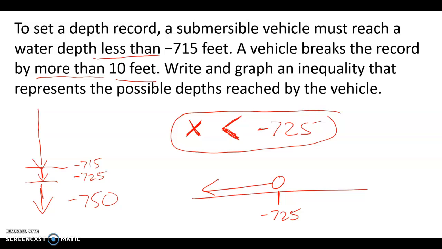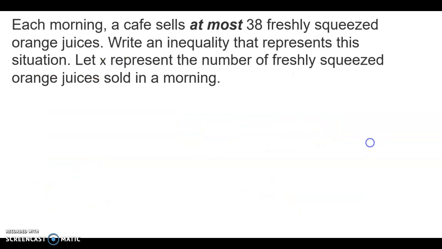All right, let's look at the last one. Each morning, a cafe sells at most 38 freshly squeezed orange juices. Write an inequality that represents this situation. Let x represent the number of freshly squeezed orange juices sold in the morning. So we're using x, and it was at most 38. So we'll put 38 here.